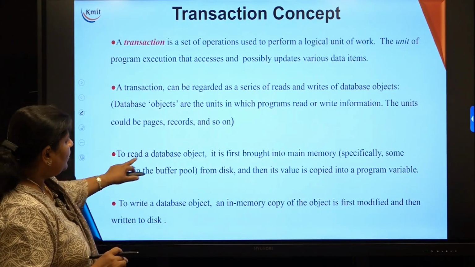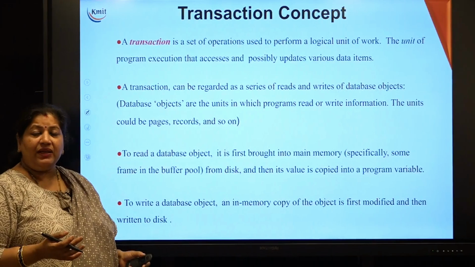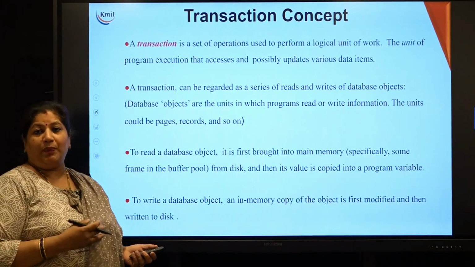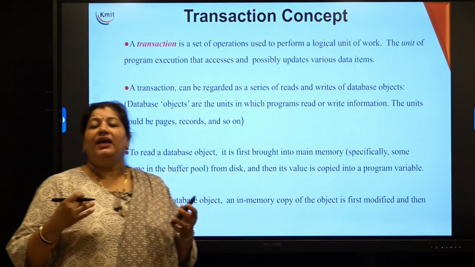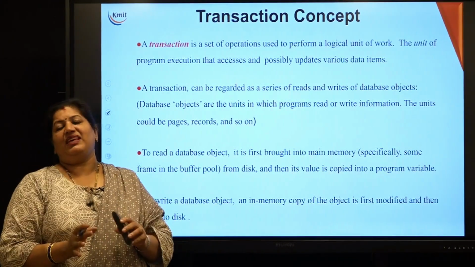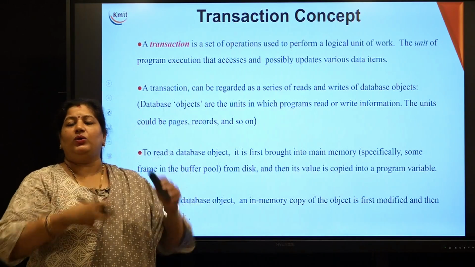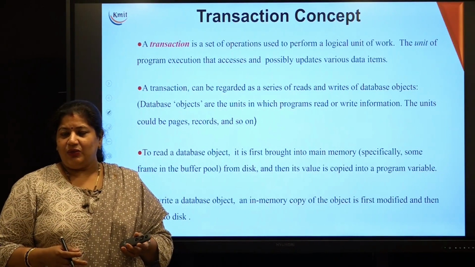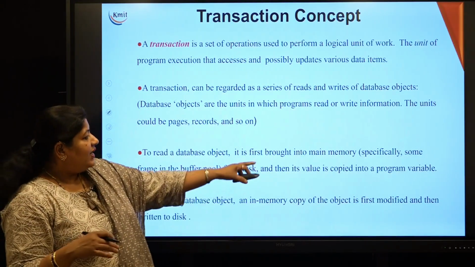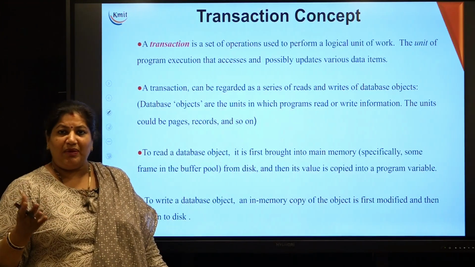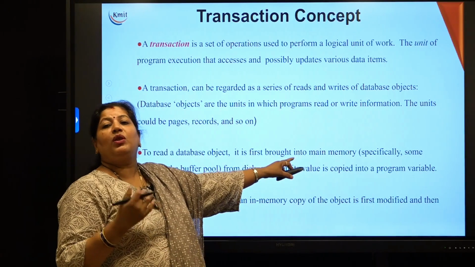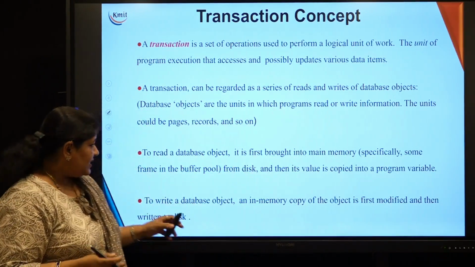So, to read a database object, first you need to bring it into the primary memory. In operating systems also you have learned this concept that any program for execution has to be brought to the RAM first, right? So, from the storage location, here also the data from the database, which is in the server maybe, you have to first bring it to the main memory of the local system.